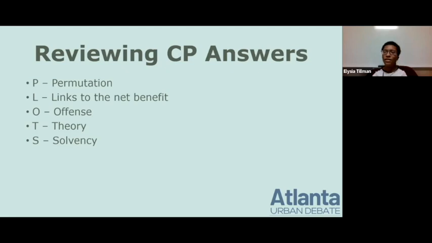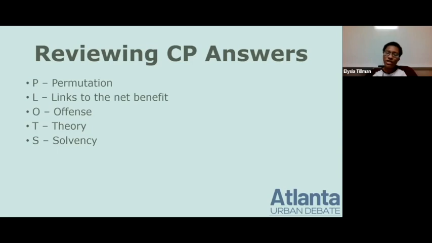The arguments that they've run either don't promote good education, they don't encourage us to learn a bunch about the topic, or they're bad for fairness. So it's like we are less invested in this activity because it just doesn't feel fair. It feels like you're putting in a lot more work if you're on one side than the other, is one way to think about it.